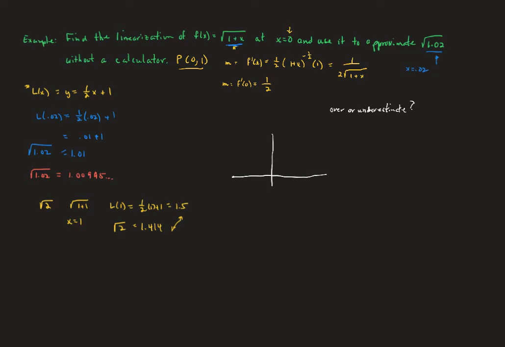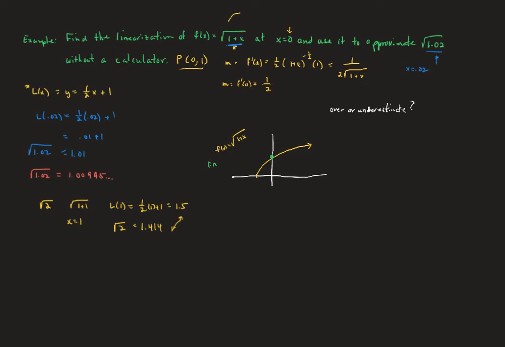We know the square root of x is the top half of a sideways parabola, and the x plus 1 is going to translate it 1 to the left. So we know that our function, f of x equals the square root of 1 plus x, is going to be concave down. That's the big key here.